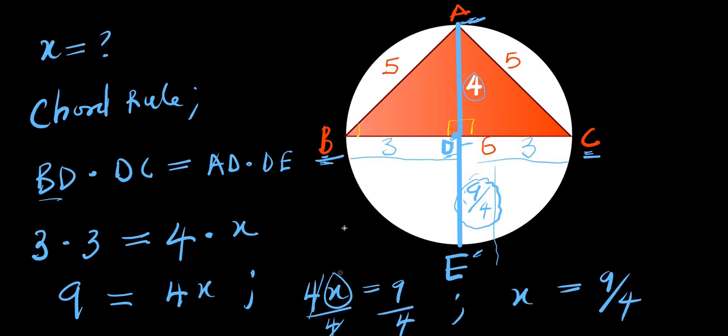Now, the next thing we are going to do is to apply this rule. Remember our AE, which is the diameter, let me write here, diameter equals length AE. That is our diameter. So for us to get the diameter, we need to add 4 plus 9 over 4. So once we do that, we divide the diameter by 2 to get the radius, as simple as that.